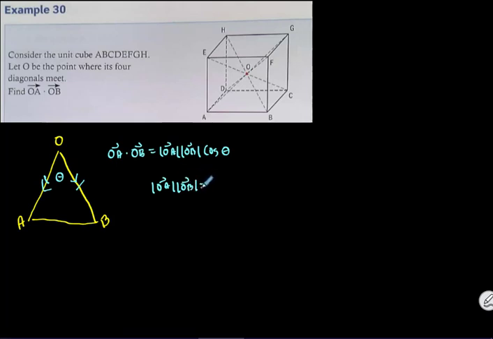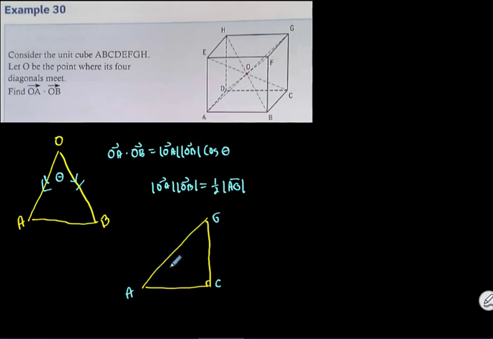And in this diagonal, it's going to be half of the length of AG, right? So I'm going to draw that triangle. It's going to be a right triangle, with AG and then C.